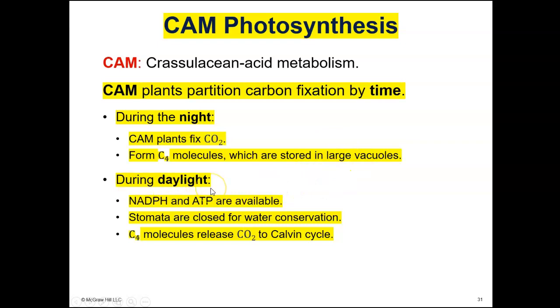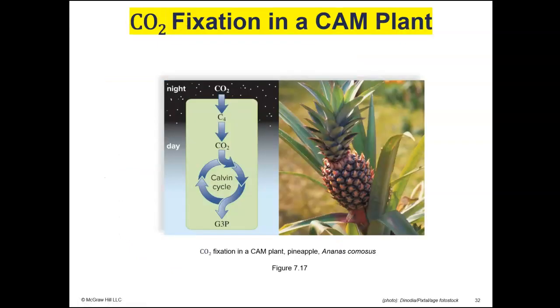Then when it's daytime and NADPH and ATP are available because of the light reactions, the stomata are closed to conserve water. During the daylight, when the stomata are closed, the C4 molecules release the carbon dioxide to the Calvin cycle, and that is when the carbon dioxide reduction occurs and your G3P is produced.